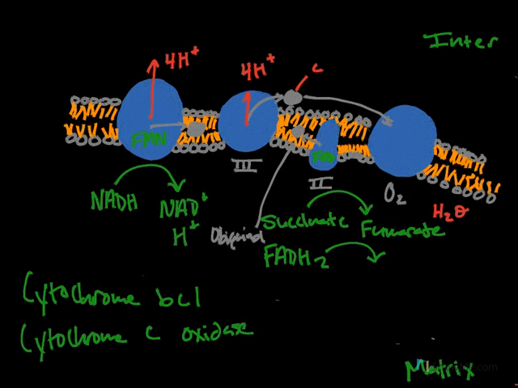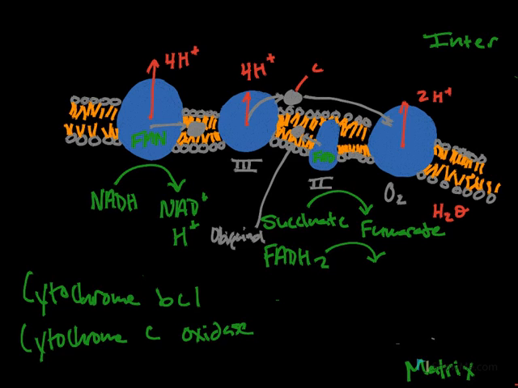So this is going to take two additional protons from the matrix and use those two electrons to form the bonds to make a water molecule. So the energy released from this reduction of oxygen is going to cause a pumping of two protons for cytochrome C oxidase. This will be our final proton count.